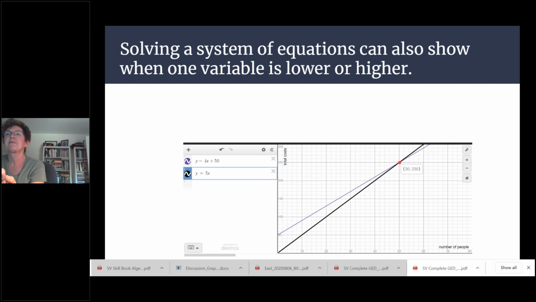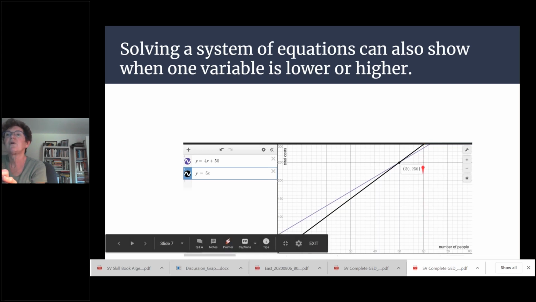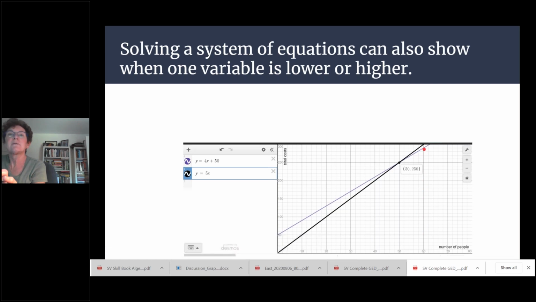And then what happens? Then you can see that now Diamond's is greater because Diamond's is on top. Look at this. When we get to 60 people, our Diamond Catering Company will cost $300, but Kathy's will only cost $290.